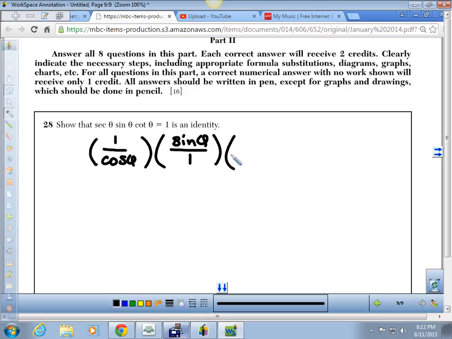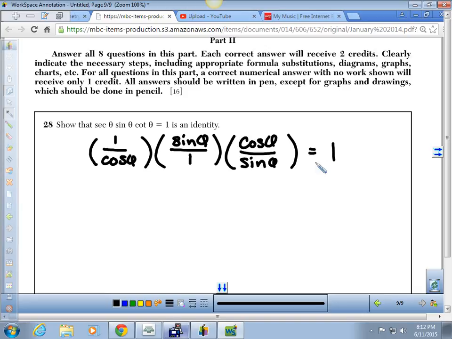Cotangent theta, I know two things for cotangent, but we said we weren't going to use 1. We want cosine theta over sine theta. Cotangent is cosine theta over sine theta. And we're trying to show that this is equal to what? 1.